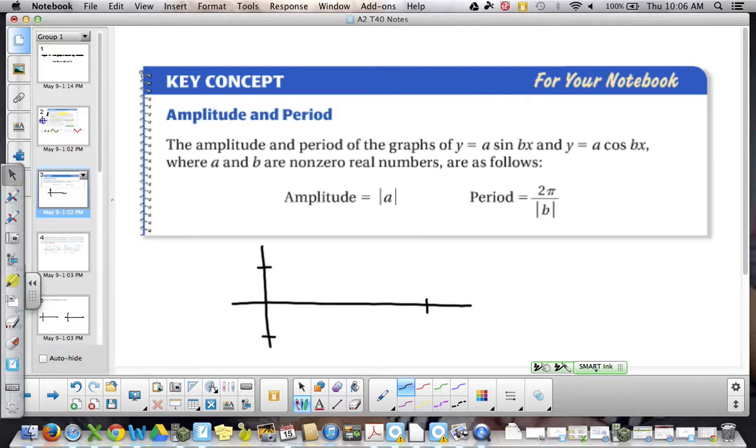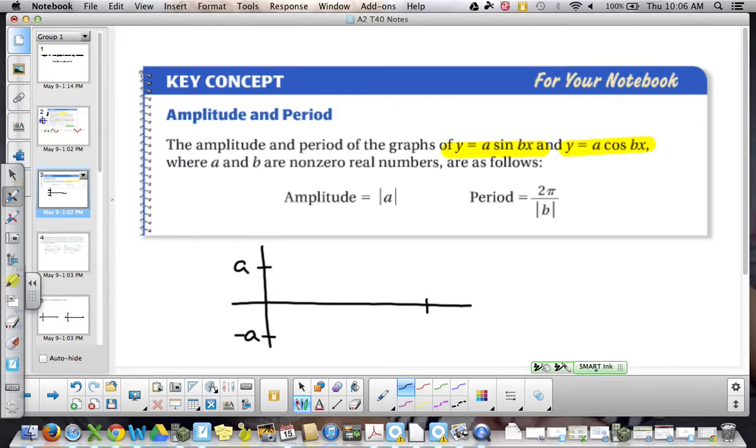So when we're graphing functions of the form y equals a times the sine of bx or a times the cosine of bx, then the amplitude is just given by the absolute value of a. So whatever number is in front, multiplied by sine of x or cosine of x, is the amplitude. So we're going to go up a units and down a units. And that's going to help you set up your graph.